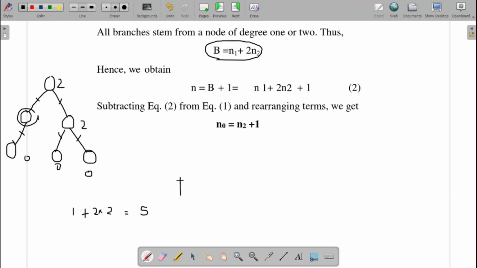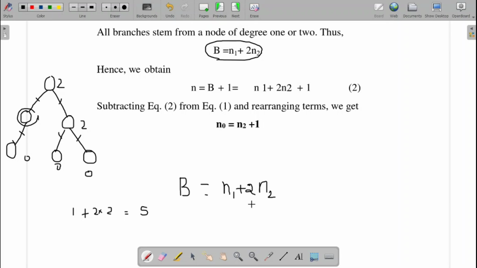That is, b, the number of branches, will be equal to n1, the number of nodes with degree 1. Degree 1 means 1 edge is there. And degree 2 means 2 edges are there, so I need to multiply by 2. That is b equal to n1 plus 2n2.